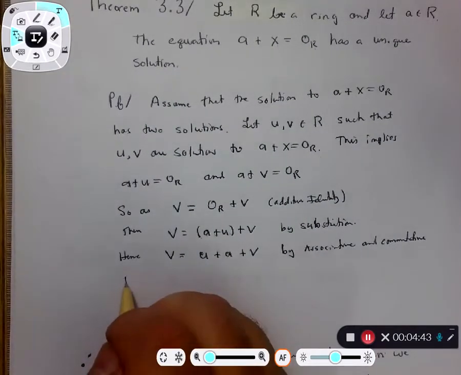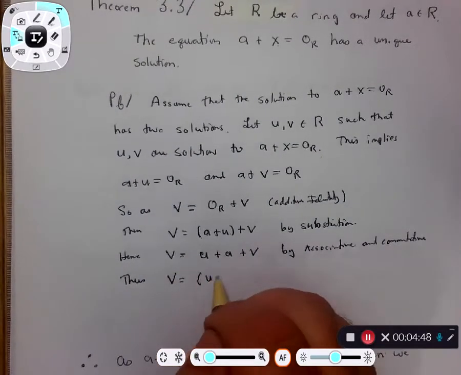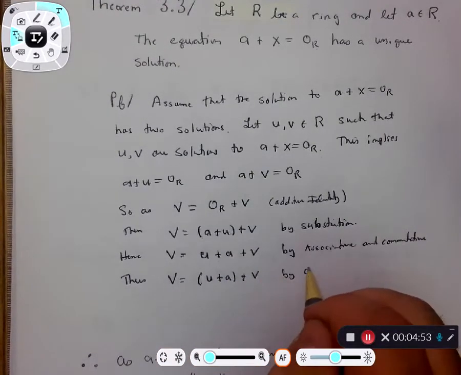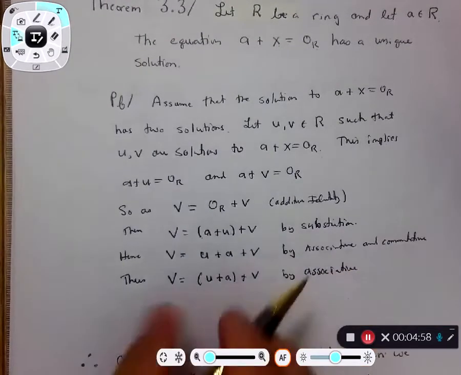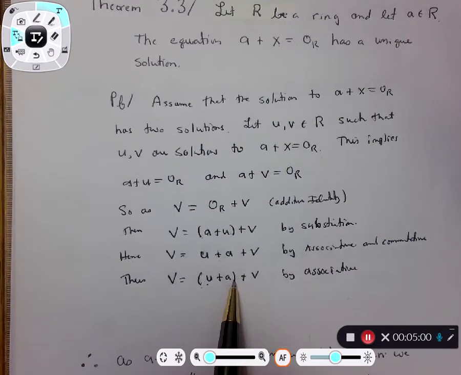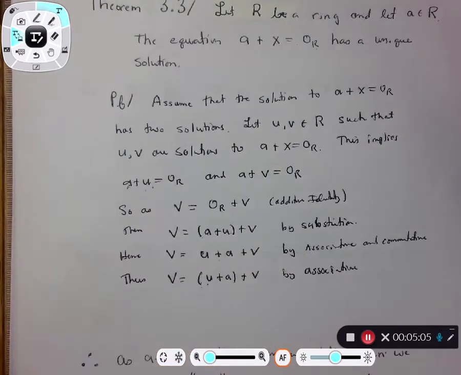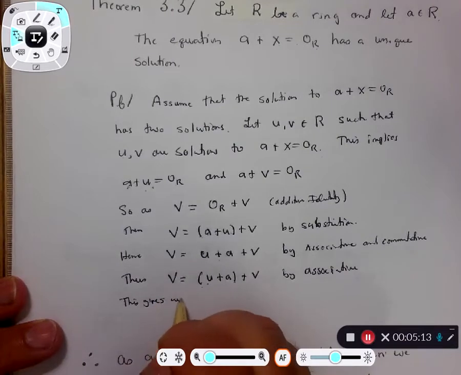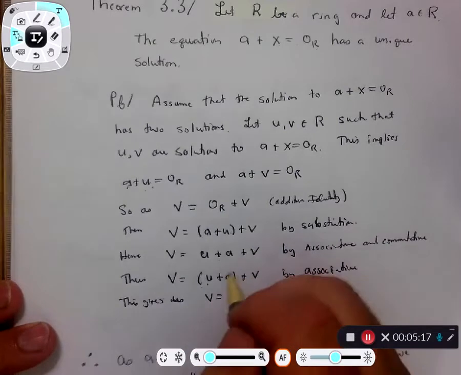Thus, V is equal to (U plus A) plus V by associativity again. I put some more parentheses in there. The reason why is I want to emphasize the U plus A, because A plus U and U plus A are the same thing, and that's equal to 0 in R. This gives us V is equal to, excuse me, I put the parentheses in the wrong spot here.